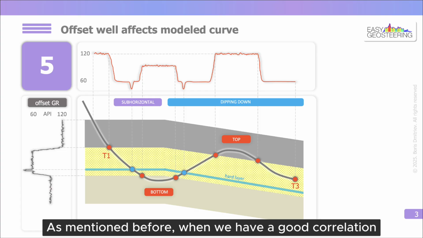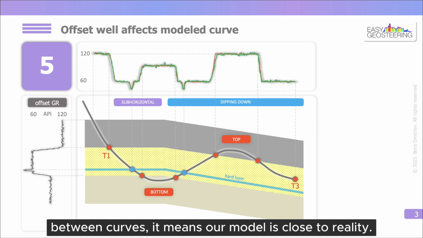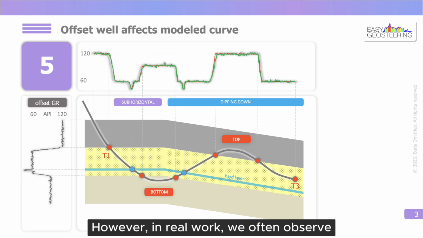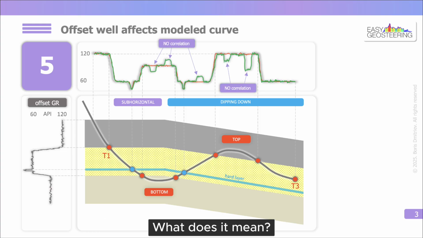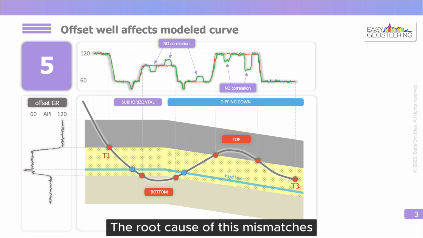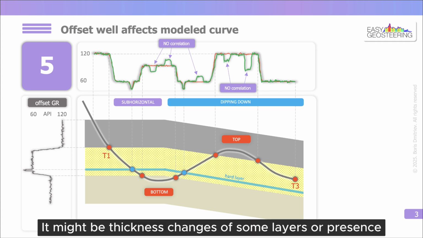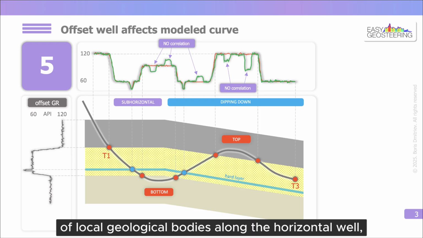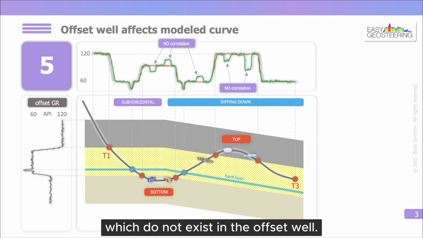Okay, next. As mentioned before, when we have a good correlation between curves, it means our model is close to reality. However, in real work, we often observe some intervals with low correlation. What does it mean? The root cause of these mismatches is the different types of lateral changes. It might be thickness changes of some layers or presence of local geological bodies along the horizontal well, which do not exist in the offset well.